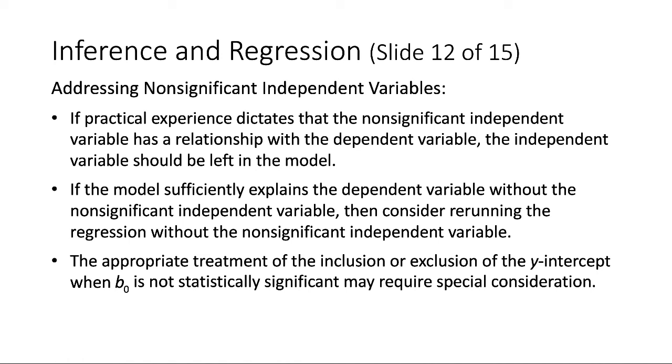So recall that for the trucking company example, the p-value for the intercept B0 is 0.5354. That suggests this estimate of beta 0 is not statistically significant. So should we remove the y-intercept from this model because it's not statistically significant? Excel actually provides us a function to remove the y-intercept from the model by selecting constant is 0 in the Excel regression tool.